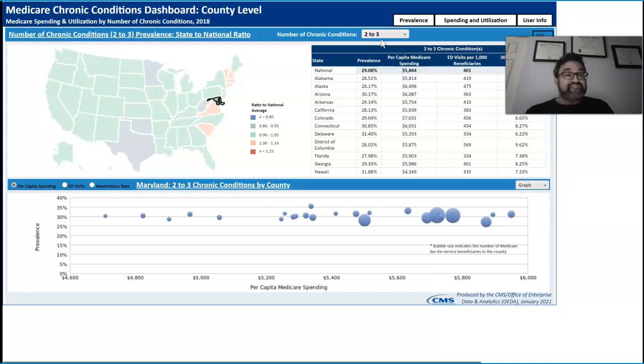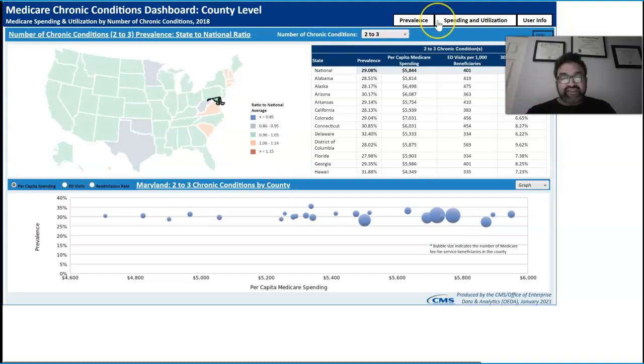So this is yet another portal where you can look at various conditions, and in that same state assess relationships between multiple variables.